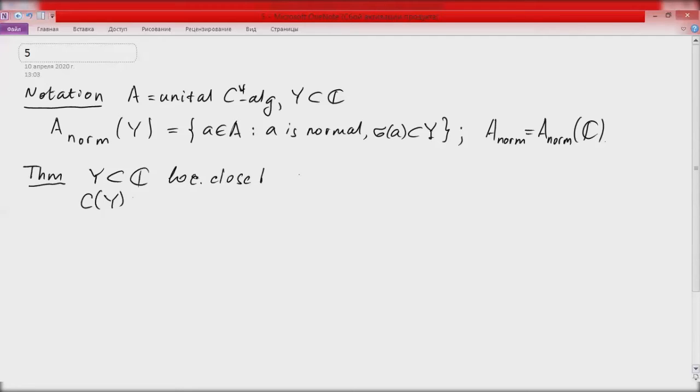Then the map from the product of C of Y and A norm of Y to A norm, which takes each pair f and a to f of a, is continuous.